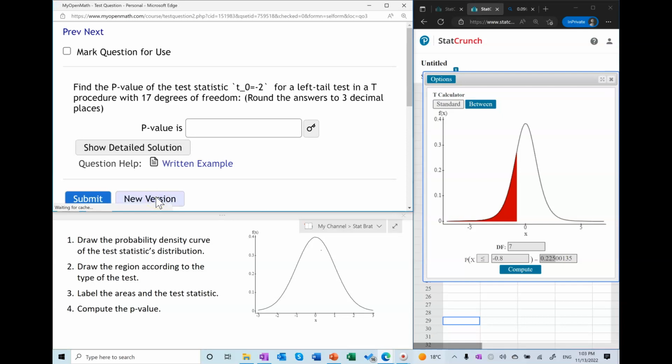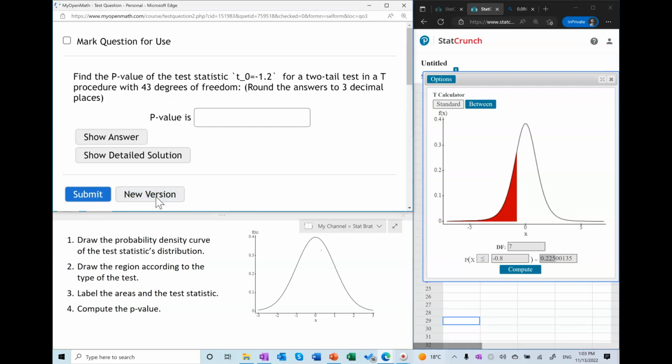And of course, when you need it, it's when you don't get it. So I'm just going to keep generating new versions.